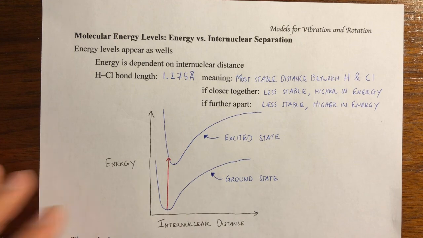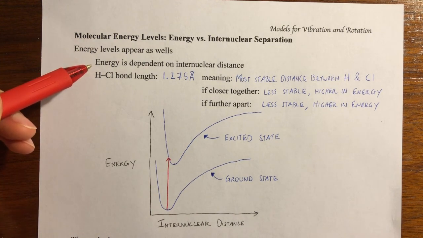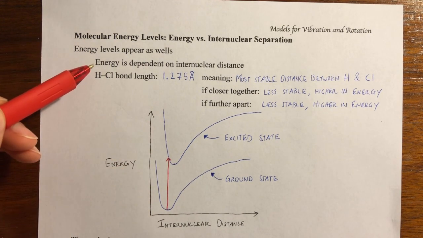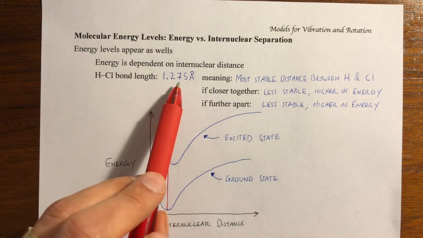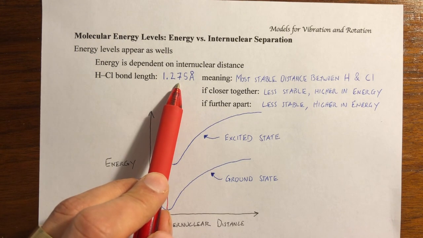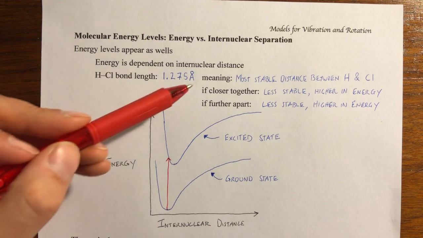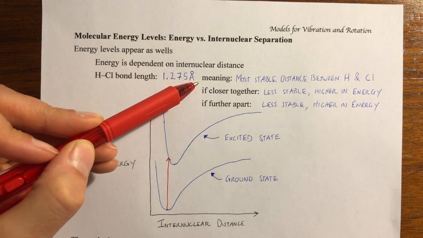So let's see what's going on here. In our energy well diagram, what we see is that energy is dependent on nuclear distance. A typical hydrochloric acid bond length shows up around 1.275 angstroms. So what does this mean? This means that that is the most stable distance between hydrogen and chlorine in this molecule.